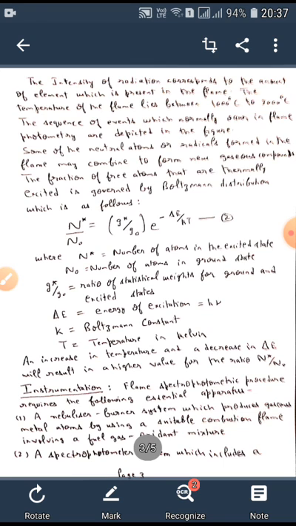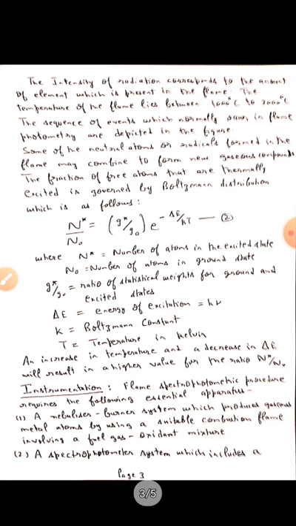It can be given as equation number 2, where n star is the number of atoms in the excited state, n0 represents the number of atoms in the ground state, g star upon g0 is the ratio of the statistical weights for ground and excited states. Delta E represents the energy of excitation, which can be represented by h nu, k is the Boltzmann constant, and T represents the temperature in Kelvin.